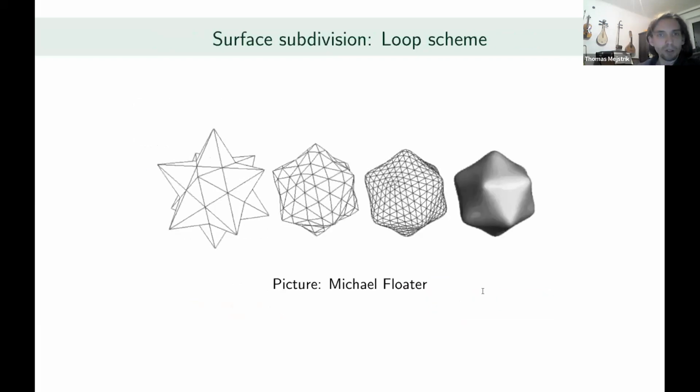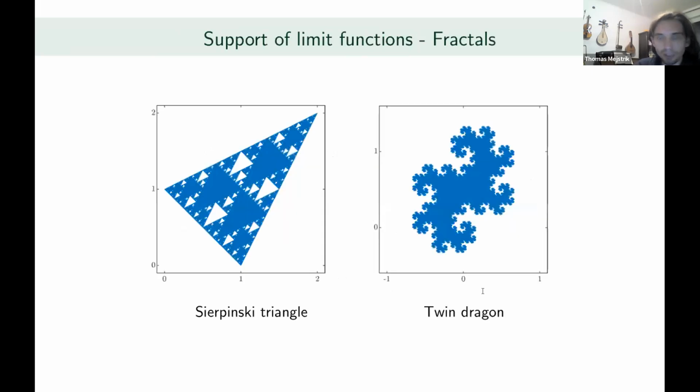So what can we generate with subdivision? I saw some examples here. At first, you can go to higher dimensions, so we can compute surfaces, as we have seen already today. Then something else we can generate are self-similar sets, fractals.